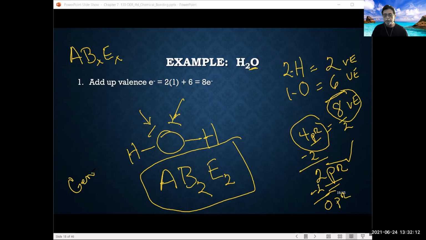I can't emphasize the point: that's not the formula for water. The formula for water is H2O, but the general formula for water is A, B subscript 2, E subscript 2, which tells you there's two moieties bonded around the central atom and two lone pairs of electrons. With that information, you then go to your shapes table and look for AB2E2.